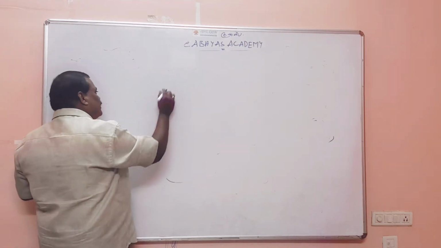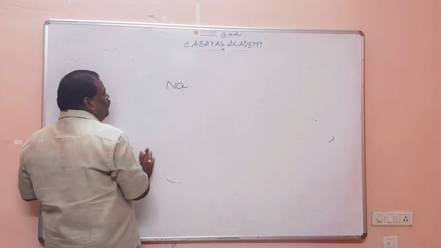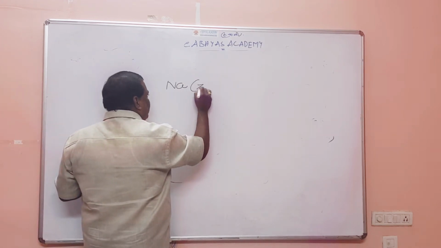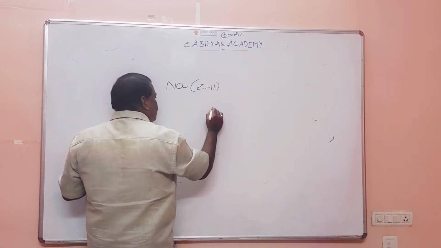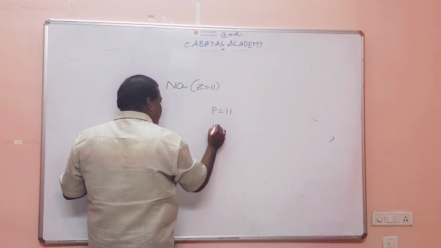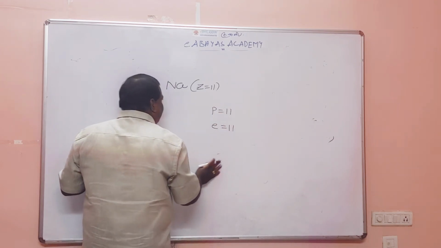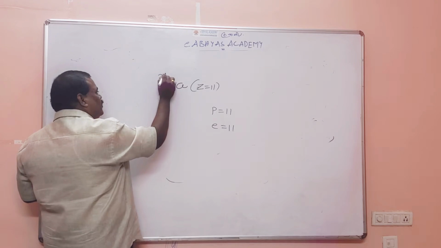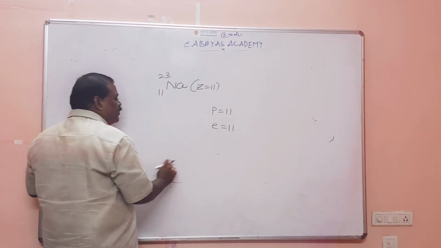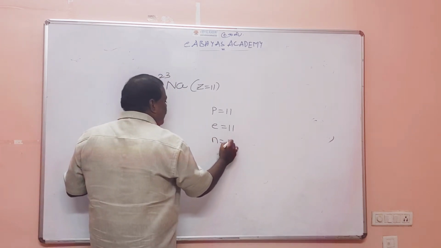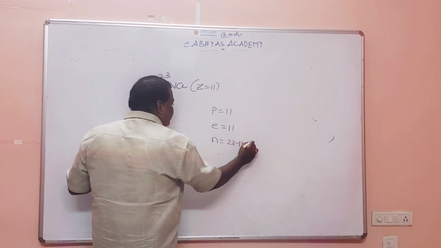If I am going to consider sodium, atomic number 11, so protons will be 11, electrons will be 11, and the symbol for sodium is 11Na23. So number of neutrons will be 23 minus 11, that will be 12.